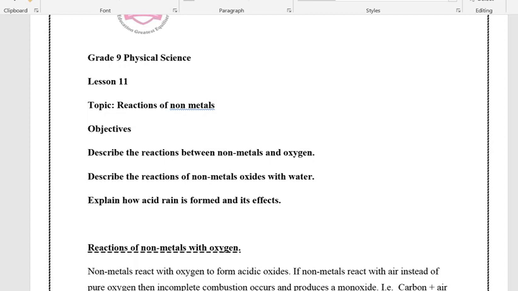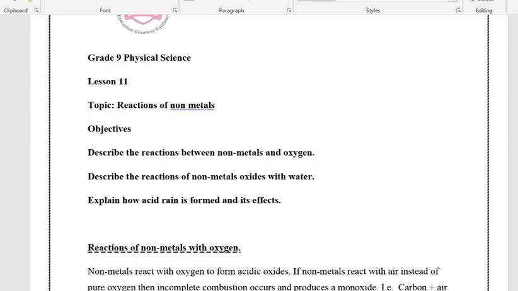First, we looked at some examples of the nonmetals, where they are located on the periodic table, and we said they are located to the far right of the periodic table. We also looked at the properties of the nonmetals in comparison to the properties of the metals.